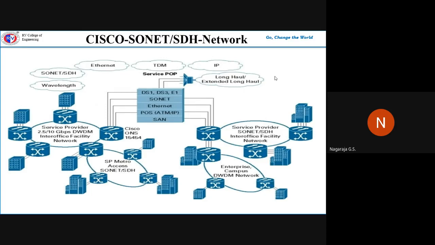You can observe from the left-hand side, where we have the LBN service provider functionalities, and the LBN metro access functionality, and on the right-hand side we have the enterprise campus capabilities. Then there is an inter-office facility of the network.